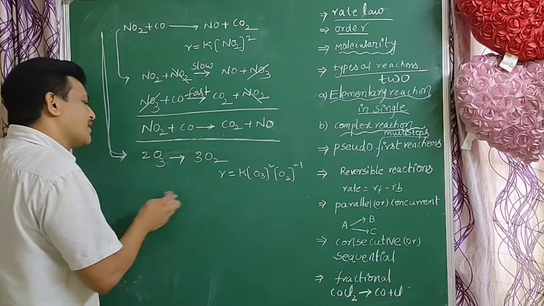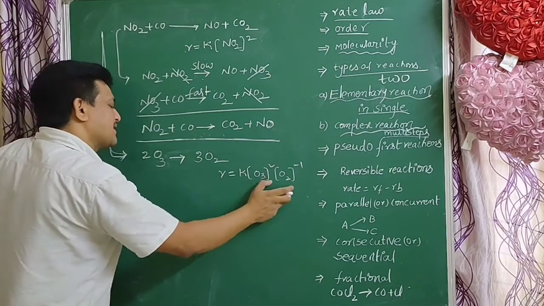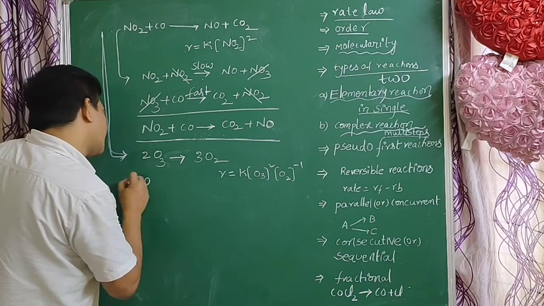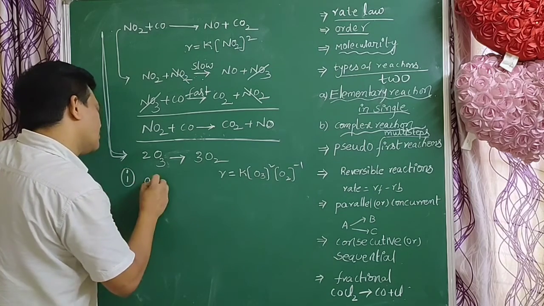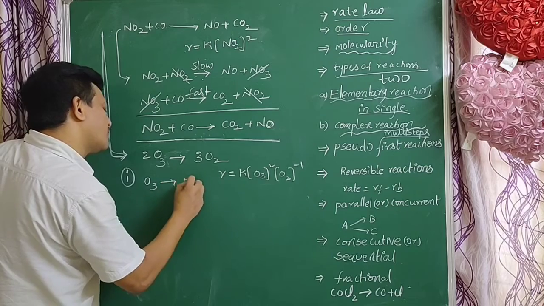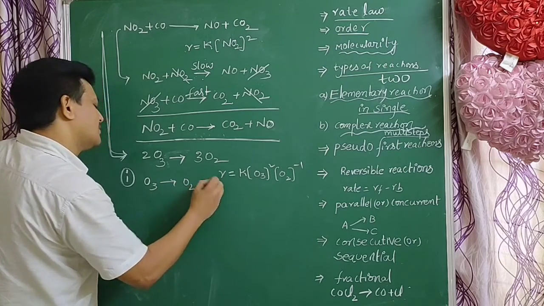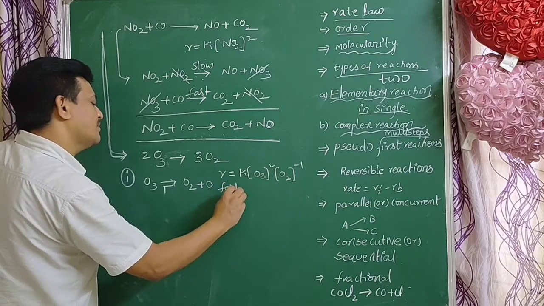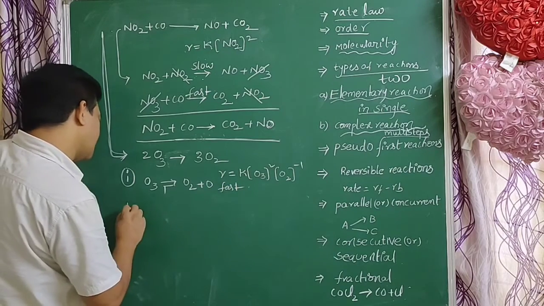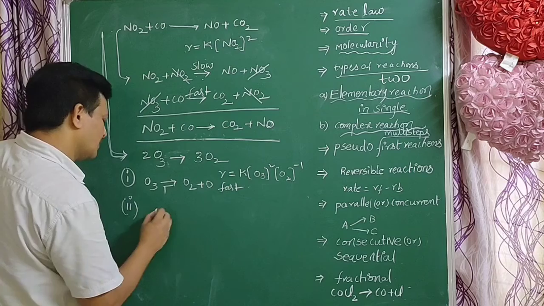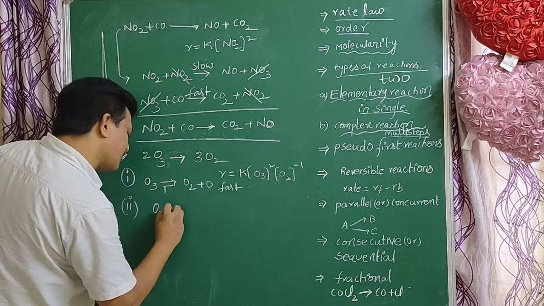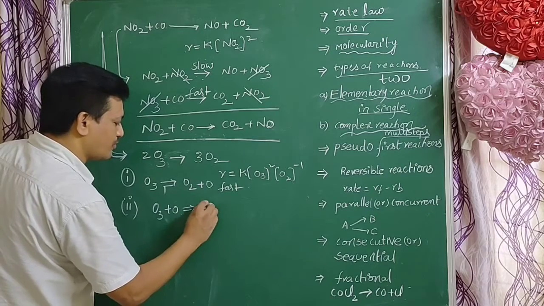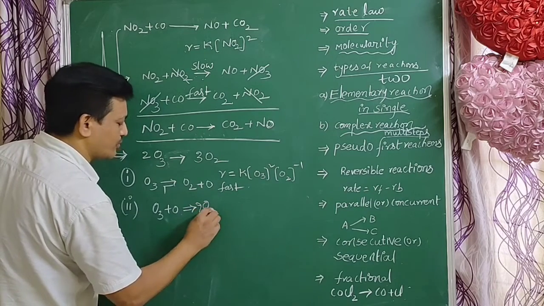So how to explain the mechanism of this reaction based on this rate equation? In the first step, O3 decomposes to O2 plus O. This is a reversible fast reaction. Next, O3 reacts with O to form O2 and O2.